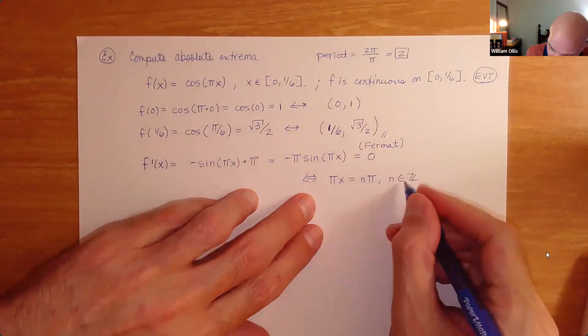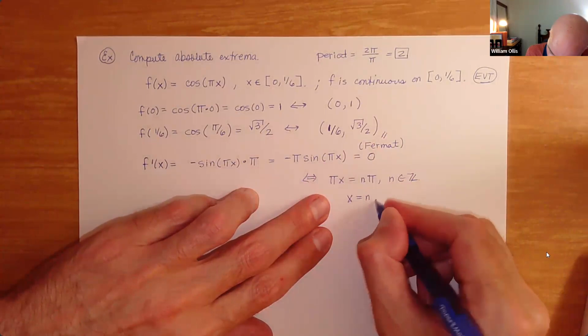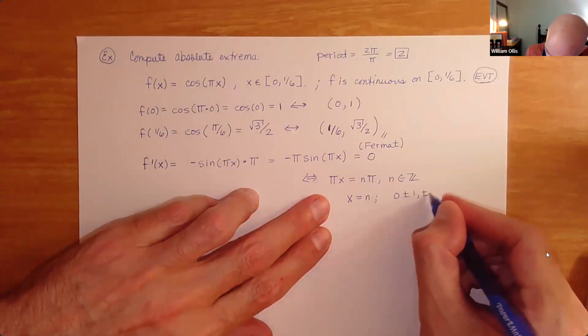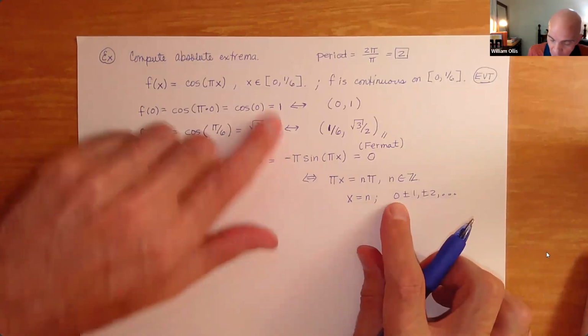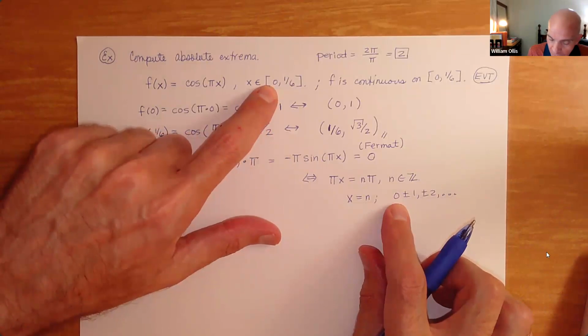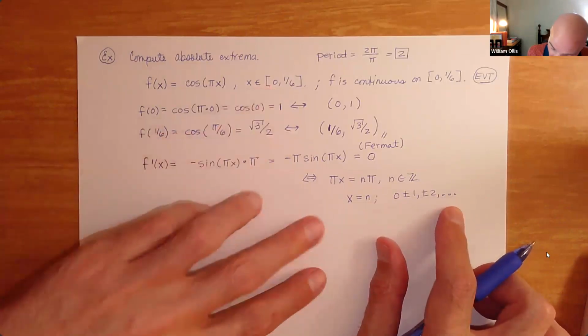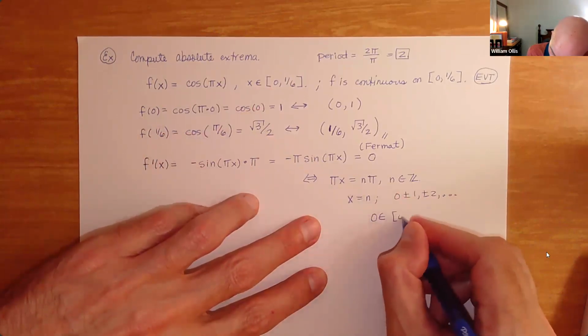But of course, the pi's absorb, and we have x is equal to n. So we just get what? Values of n, 0, plus or minus 1, plus or minus 2, etc. Well, the only thing that is connected to this set would be the 0, the plus or minus 1, etc. would not be in the set. The only thing we have is 0 element of 0 to 1/6.